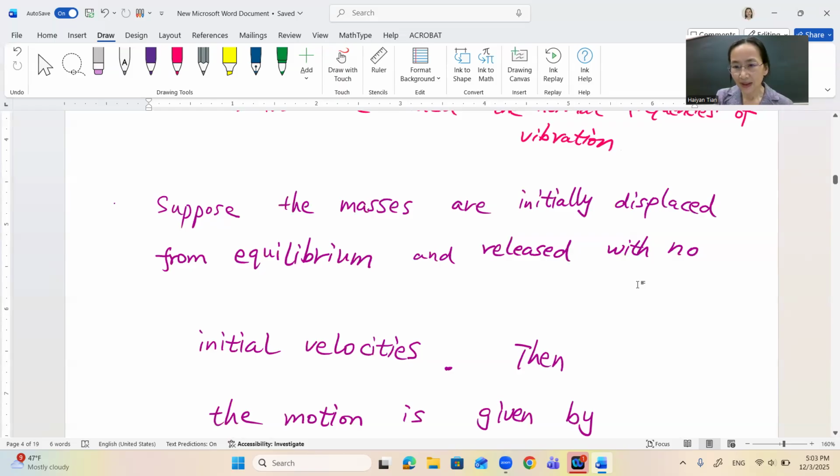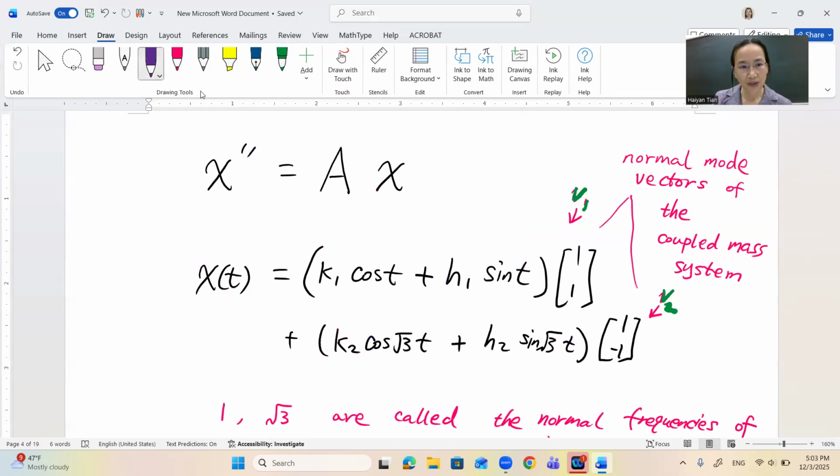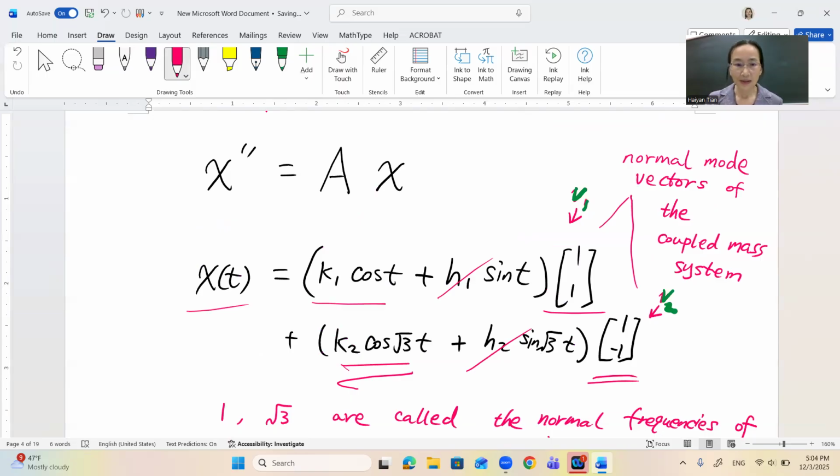With that assumption, that can further reduce our system, because when we have no initial velocity for the two bodies, that will lead to H1 being 0, H2 being 0. So the solution will be reduced to only the cosine term, K1 cosine t times the vector V1, K2 cosine square root 3t times the other vector V2. So that is based on the assumption of initial velocity being 0, then we can get a solution of this form.